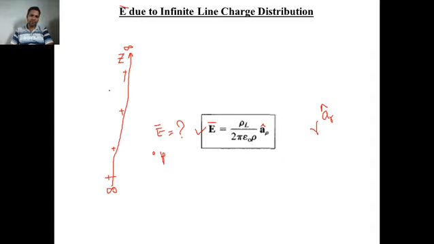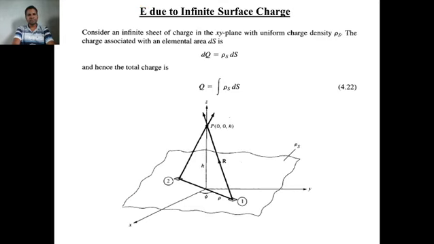Line charge density rho L is given in this derivation, and you are asked to find out the E bar value at a point P due to this total line charge, and the formula is found to be E bar is equal to rho L divided by 2 pi epsilon 0 r a r cap. I do not have this particular derivation at this moment, but I will soon upload this derivation part in the next lectures to come.